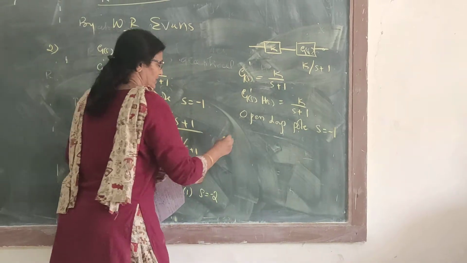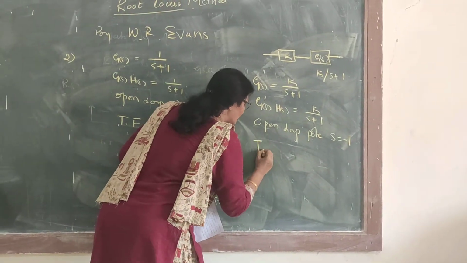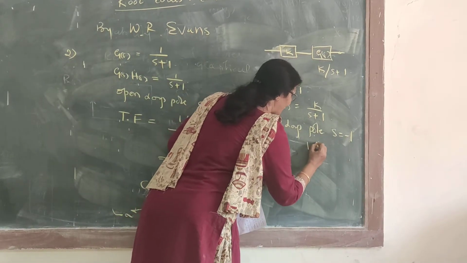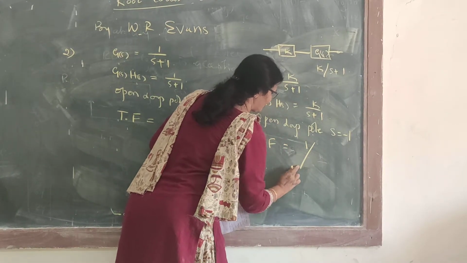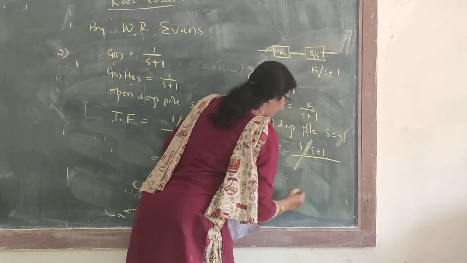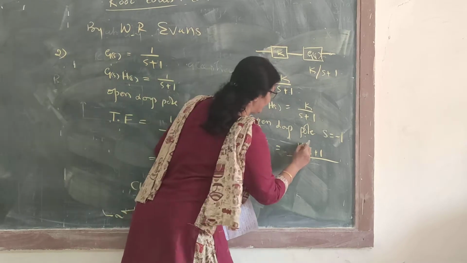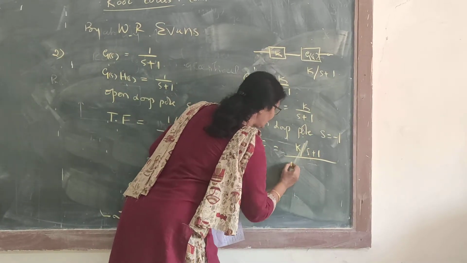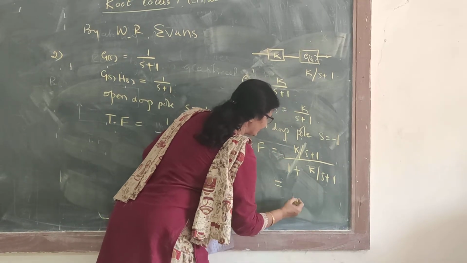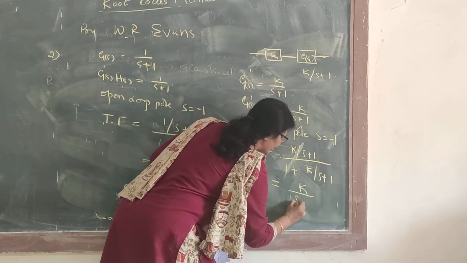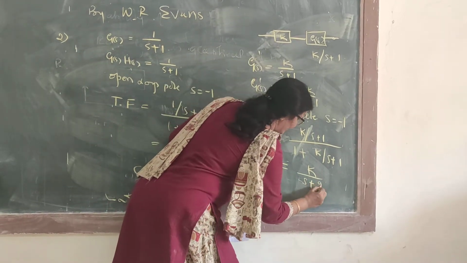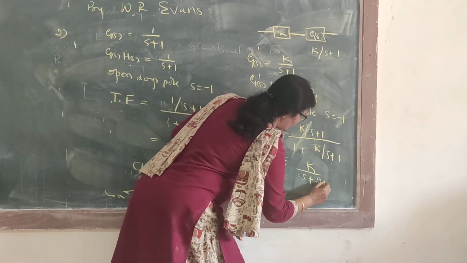So the closed loop transfer function is k divided by s plus 1, divided by 1 plus k divided by s plus 1. Thus, it will be k divided by s plus 1 plus k.